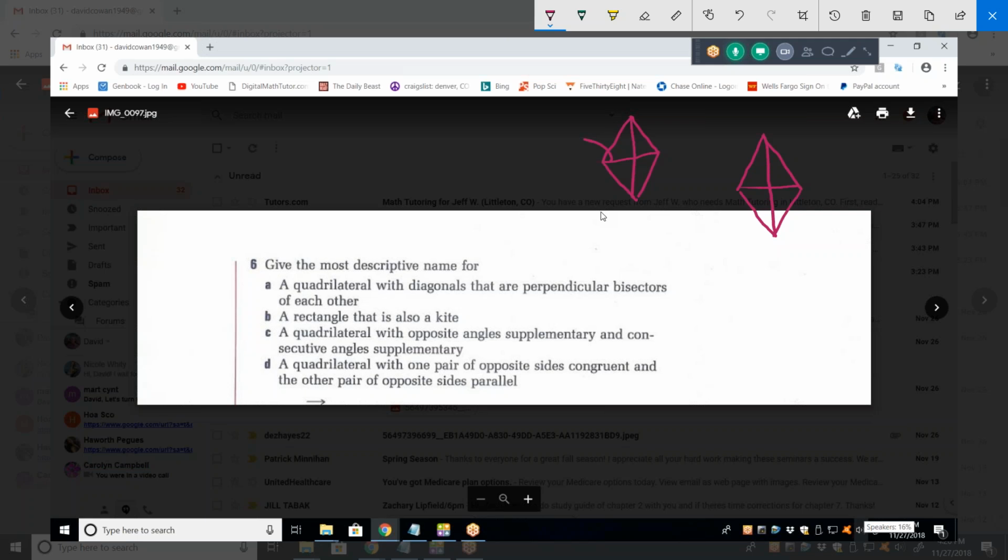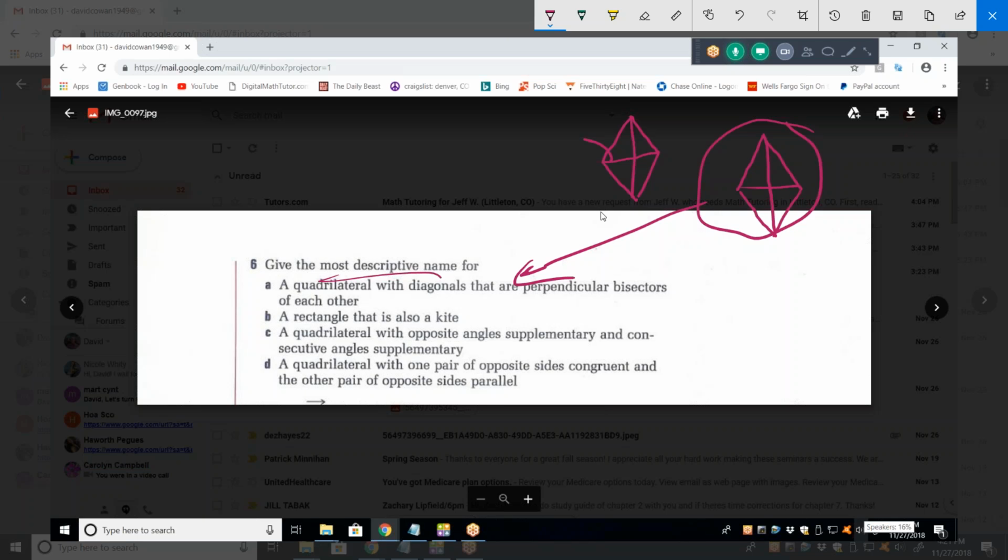So, what would be the most descriptive name? Rhombus. I think so. In other words, not all rhombuses are squares. All squares are rhombuses, but not all rhombuses are squares, and those are true statements.